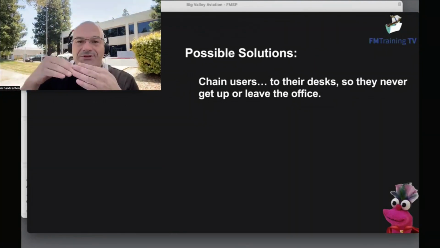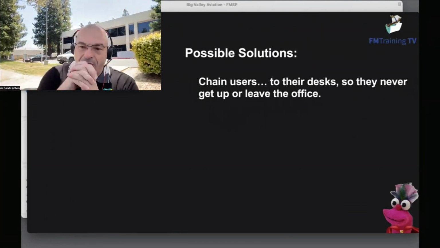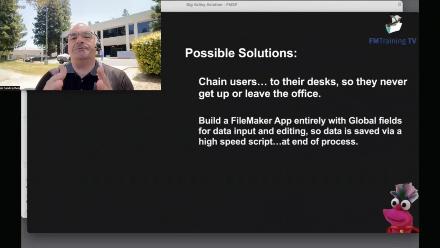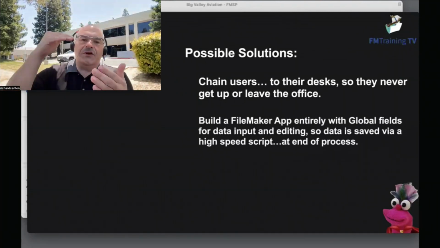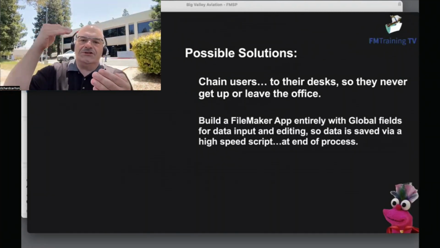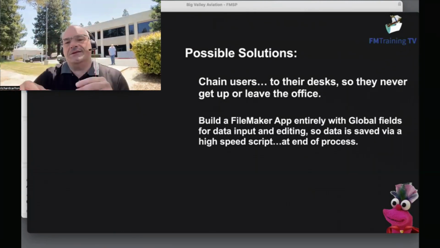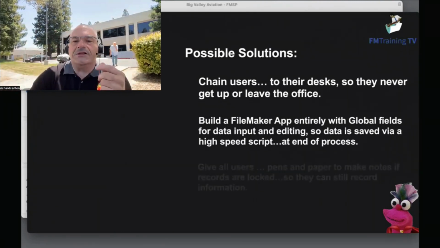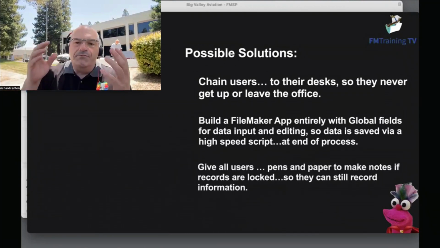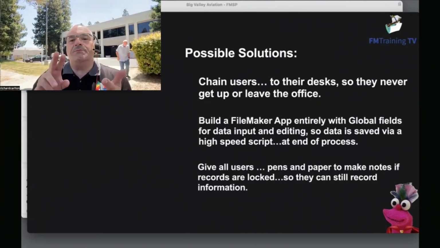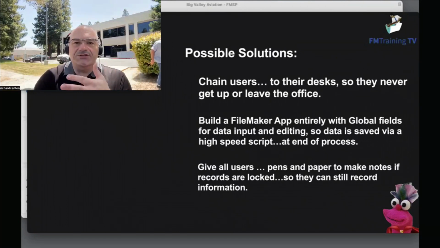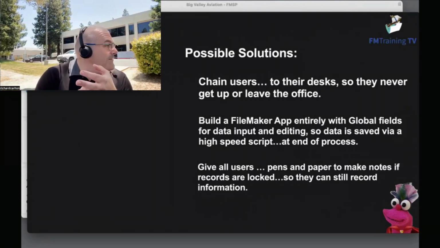So that's this idea of structuring the solution in such a way that you don't run into this record locking at all. And then the Claris suggestion is that you issue all your users pencil and paper so they can still make notes, even though they no longer have access to FileMaker because they're locked out of that, right?